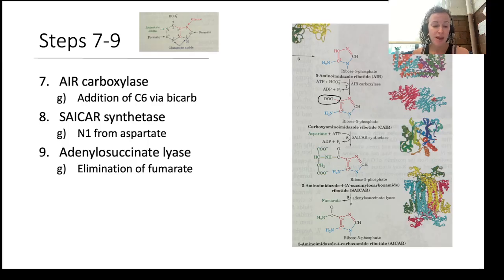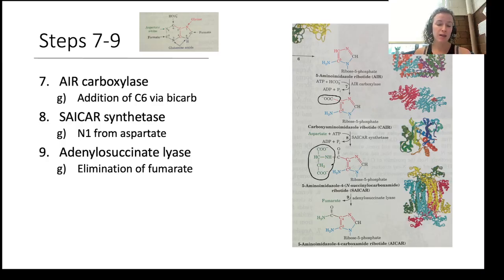Next up, step 8, synthetase, excuse me. Here we're adding another amino group. The amine is now coming actually from aspartate. So here is that N1 amino group from aspartate. And yes, while in the end we're only going to need that amino group, you can see that initially this enzyme is adding the amino acid, aspartate, to the structure.